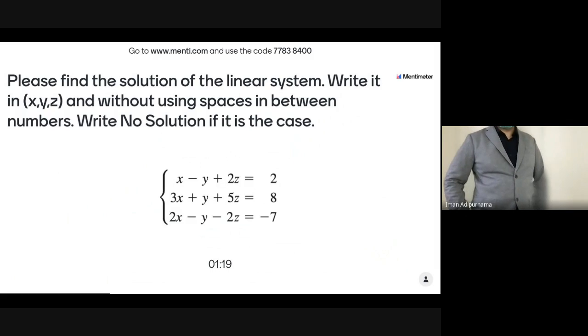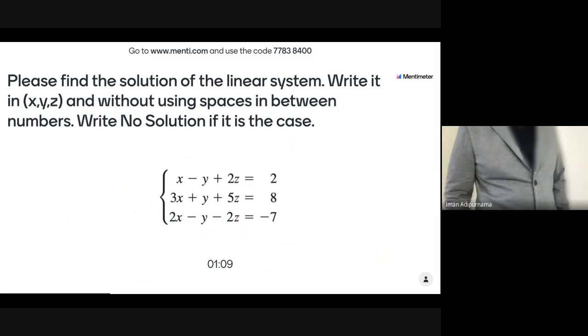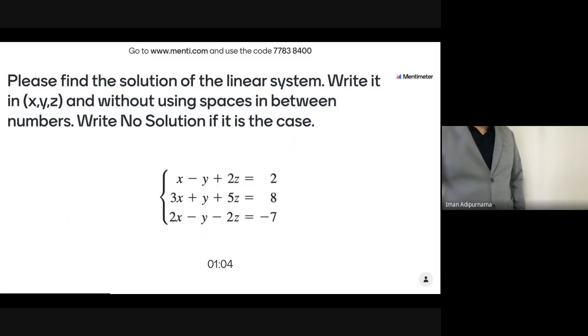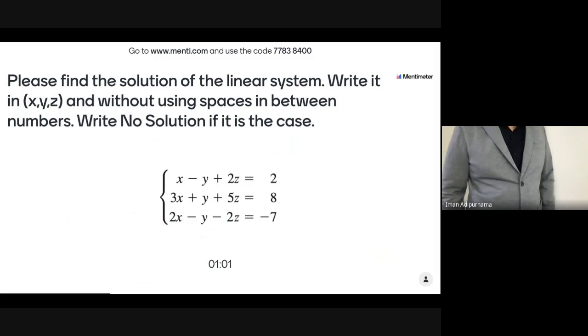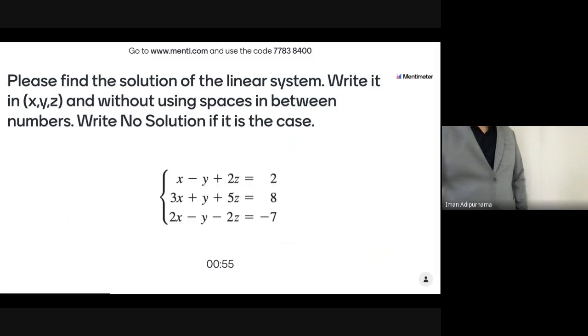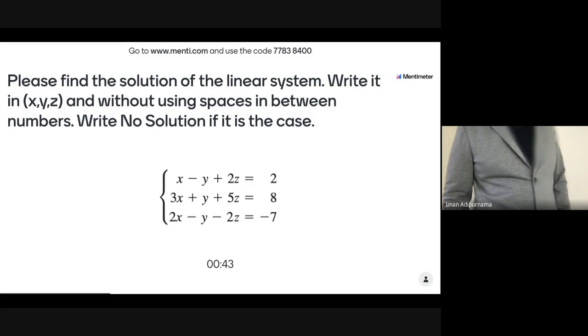Yeah, if the time is too short, I think I can take that as reference for next questions. Okay, 45 seconds. I hope you guys get the answer.